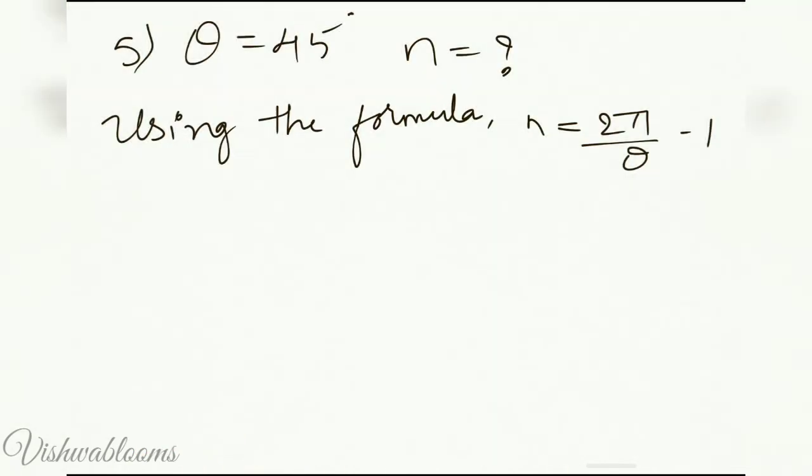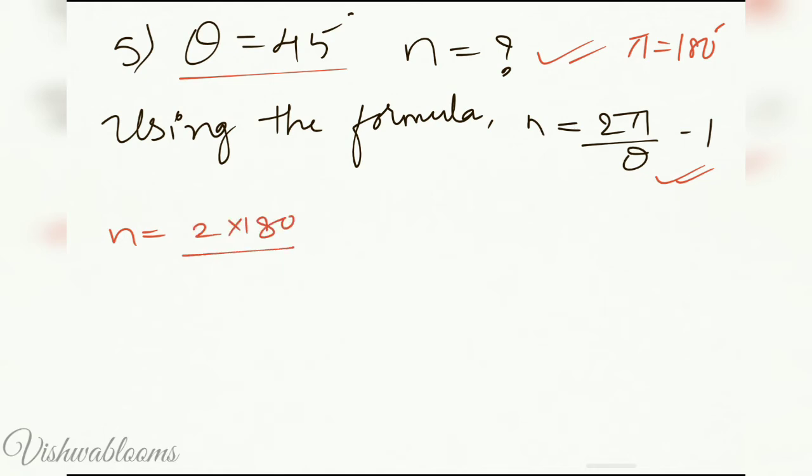Next, the fifth one we have: two mirrors are inclined at an angle of 45 degrees, so theta is equal to 45 degrees, and the point object is placed between the two mirrors. The number of images formed is... You have to use this formula. N is equal to 2 into 180 degrees divided by theta, 45, minus 1.